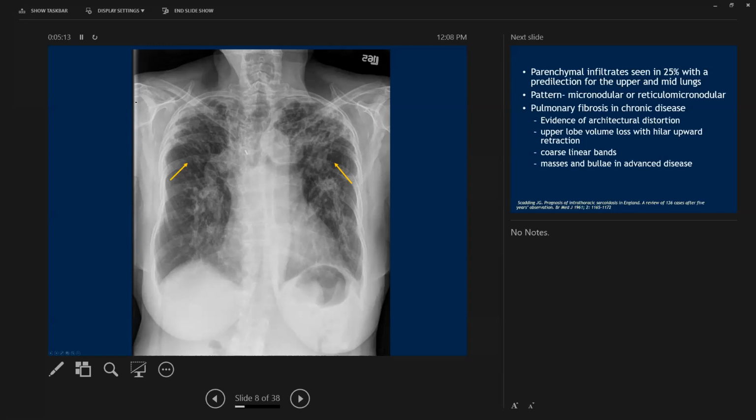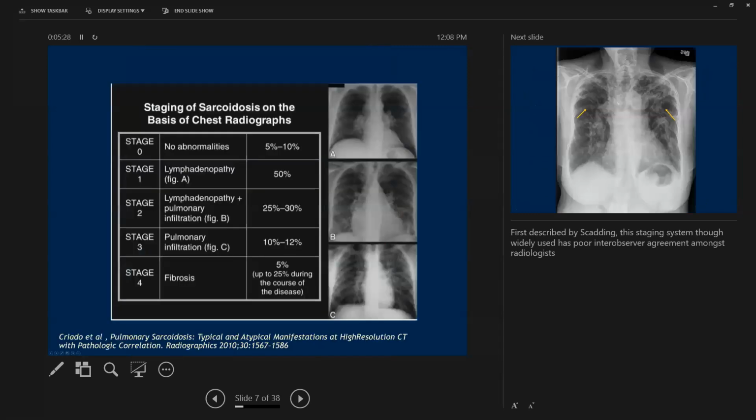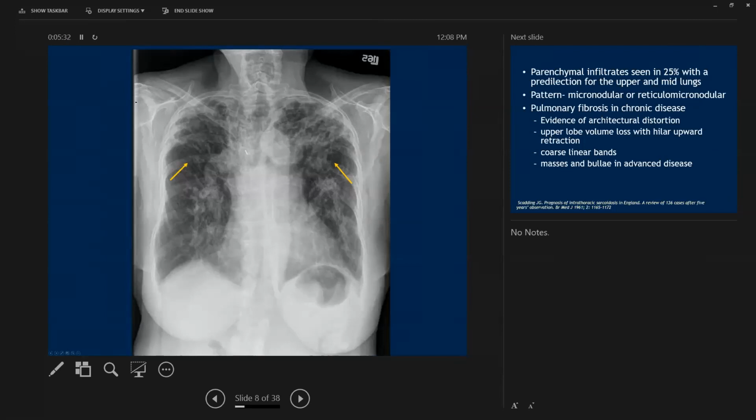There's bilateral hilar elevation due to the significant fibrosis and volume loss from the upper lobes. And when we sometimes see that, we also see this sort of juxtaphrenic tenting along the diaphragms. You can see it here at the right hemidiaphragm, where when you have fibrotic scarring in the upper lobes, you have volume loss that causes the diaphragm to be pulled up or tented up.